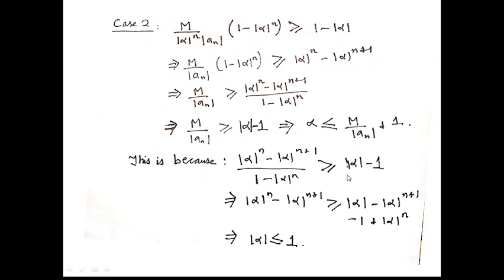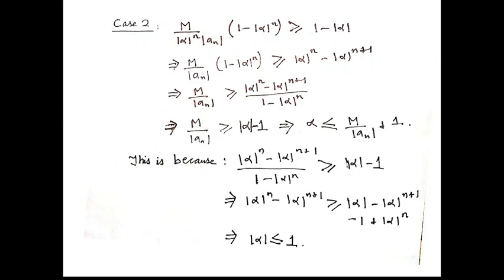Multiplying these two terms, it will give you alpha minus mod alpha power n plus 1 minus 1 plus mod alpha n. Alpha n gets cancelled out, minus alpha n plus 1 and alpha n plus 1 get cancelled out. Alpha is greater than or equal to 1 is greater than or equal to alpha. So our condition, we are getting this, and from this we can get this. So we have proved this case also.